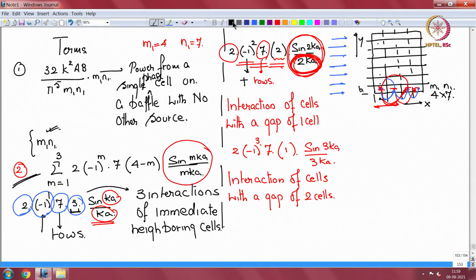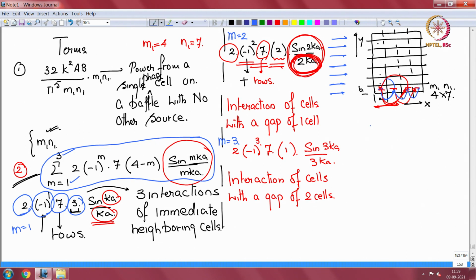The second term looks like this, where m goes from 1 to 3. We had looked at m equal to 1 here, m equal to 2 here, and m equal to 3 here, and each of these demonstrate interactions.